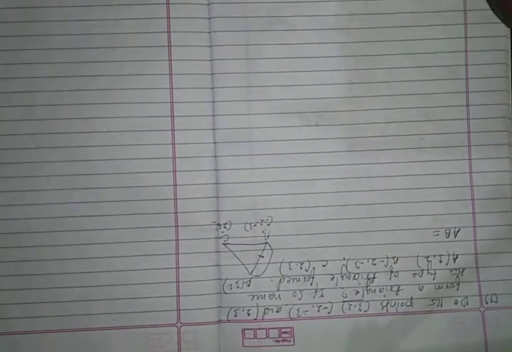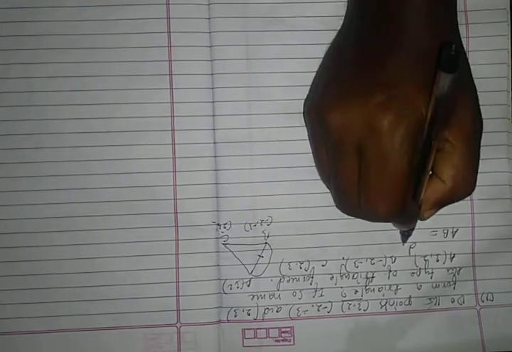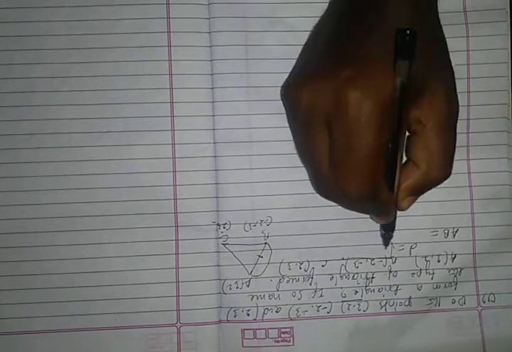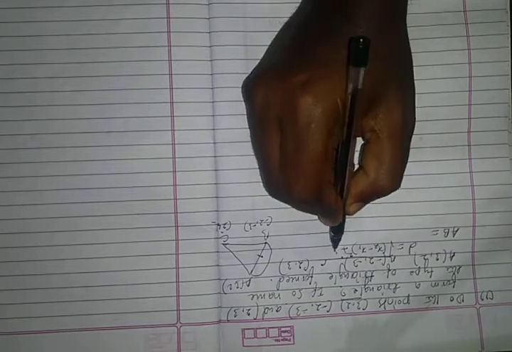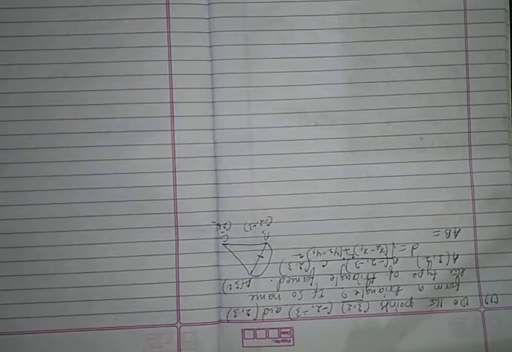AB is equal to, you know that already, the distance formula. D means distance. D is equal to the square root of (x2 minus x1) whole squared plus (y2 minus y1) whole squared. This is the distance formula. Once again, D means distance.